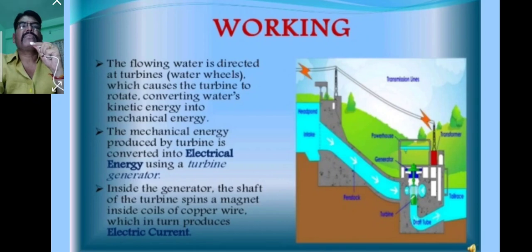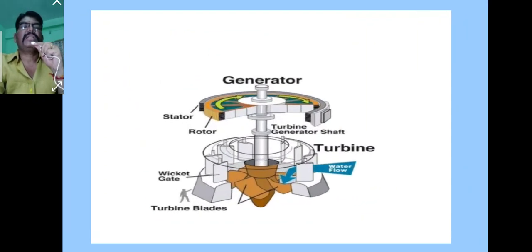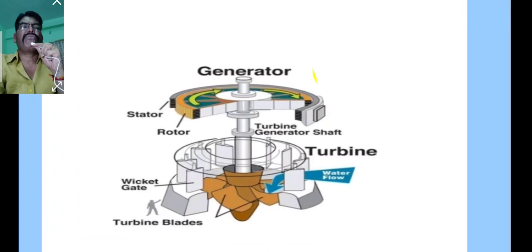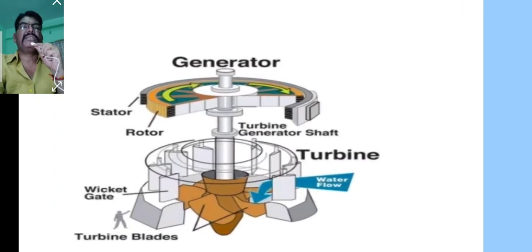electric current. Now the next, this is the actual setup of the TG set. On the top portion there is the generator. We can see the parts, rotor and stator. The rotor is always below, mounted on the shaft that you can see, and above that there is the stator. The turbine and generator shaft are connected to each other.